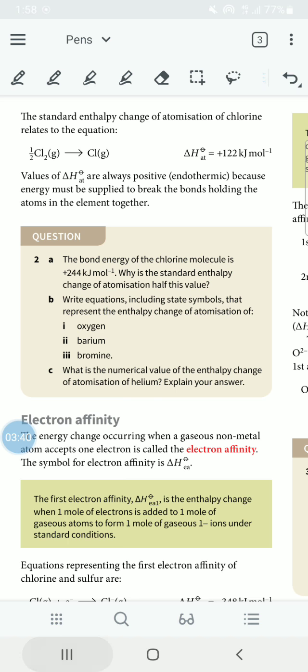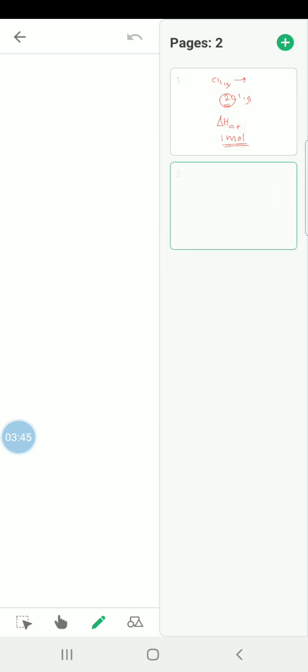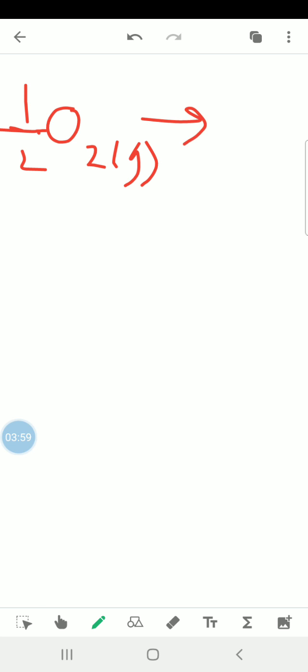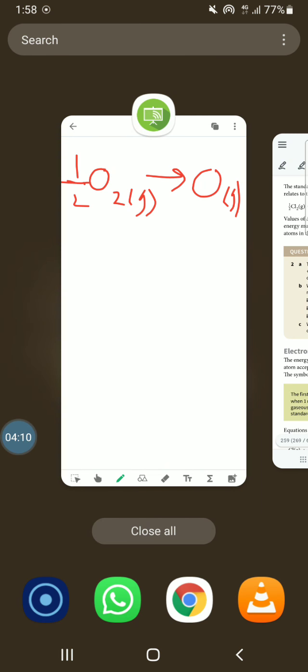So oxygen, once again, is a diatomic molecule, so it has to be halved. That means half of O2 gas turning into O gas. That is the atomization for oxygen. Then barium.